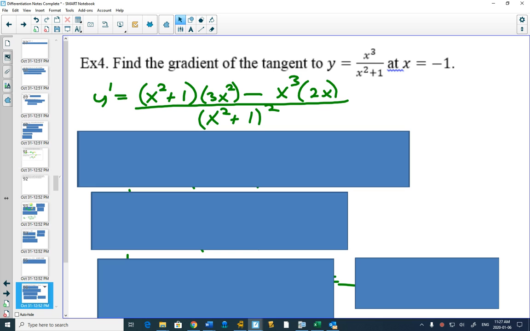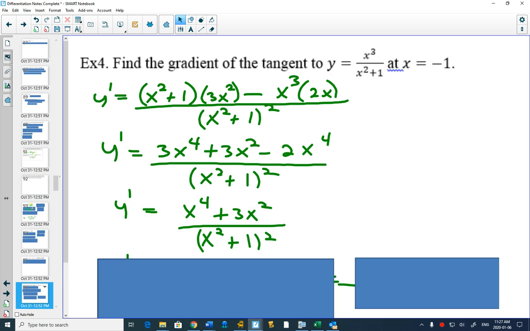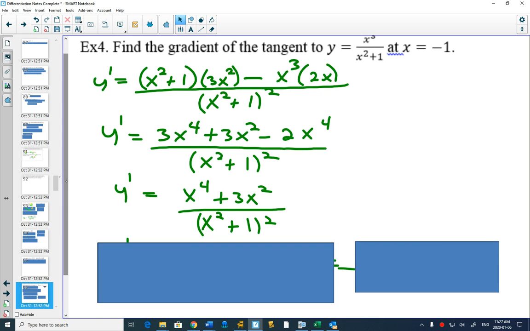Then to find the slope at -1, if you plug in -1 into your derivative, you find the slope. If you plug in -1 into your original function, you will just find a point on your original function. So I'm going to plug in -1, oh, here's some simplification. In this sense, it might make sense to simplify it first.